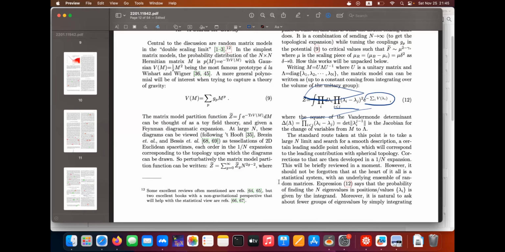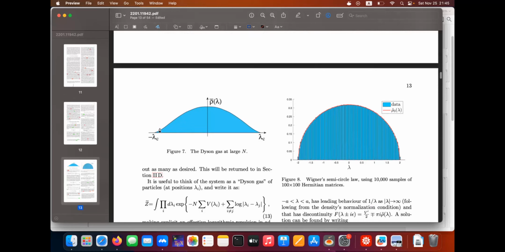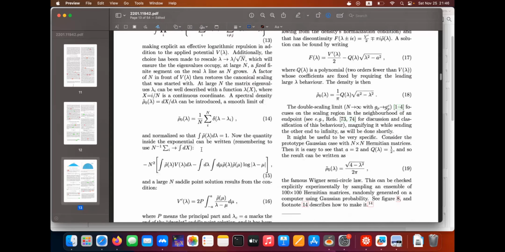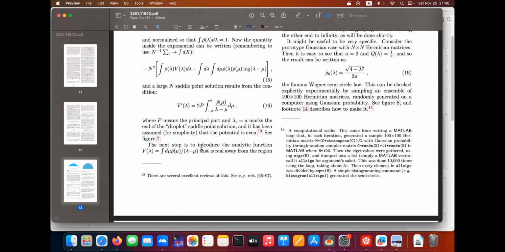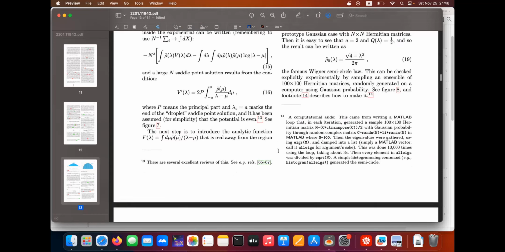You just take care of the distribution at the edge, so you need to zoom in. Anyway, this is what we want to consider. It's quite easy and direct to calculate the leading density distribution.